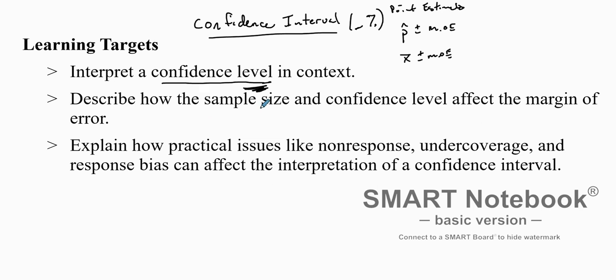We know that sample size directly affects margin of error, and if the sample size is increased, margin of error will decrease. They have an inverse variation. And then I explained that anytime you have non-response or undercoverage and you get a poor point estimate, that's going to lead to bad, inaccurate results. However, it does not affect the margin of error.